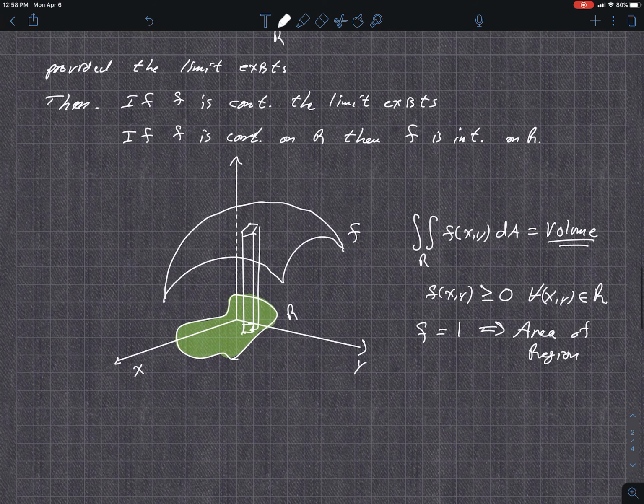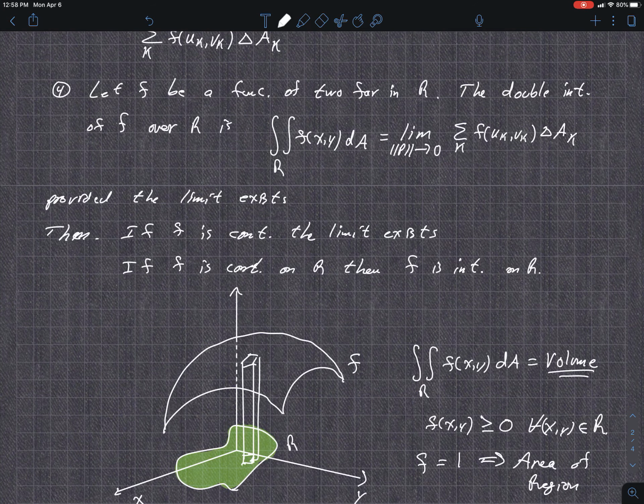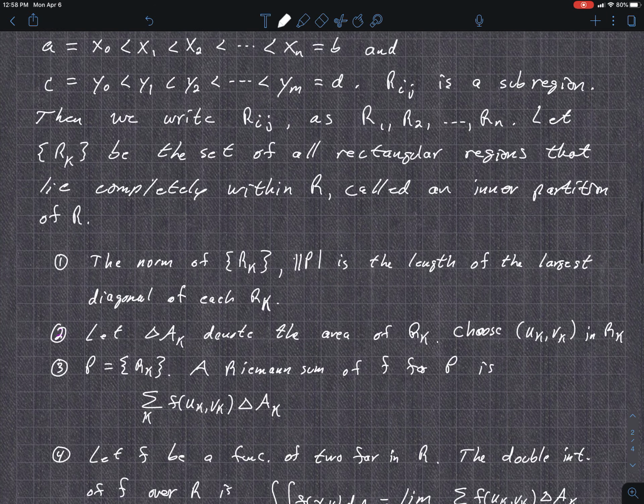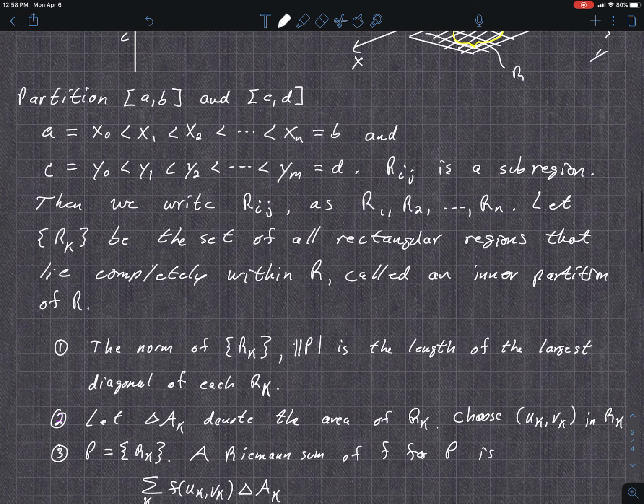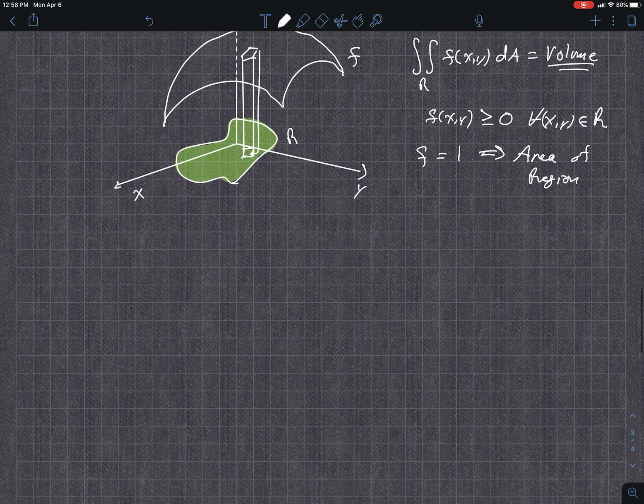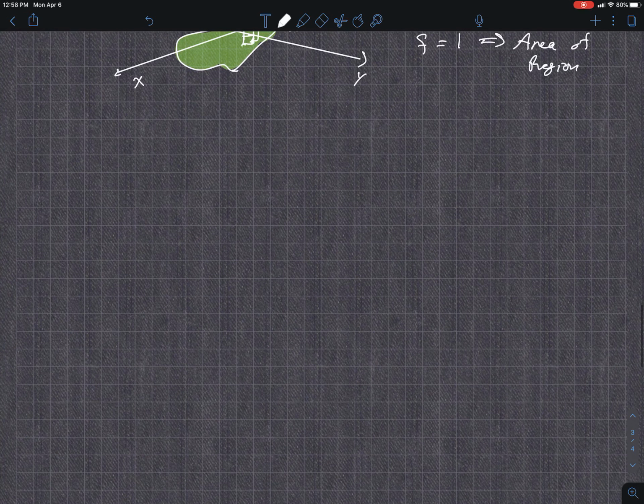So let's look at this one. This will be a rectangular region we're integrating over. So it'll match this setup back here, defining that region. So this will be the rectangular region case. Let's look at this example.